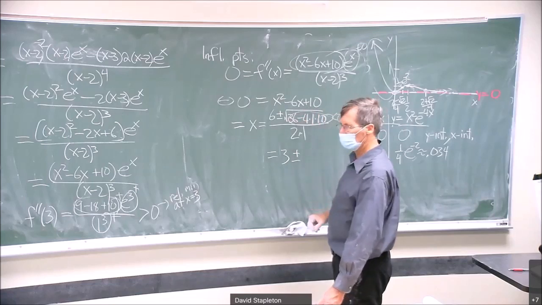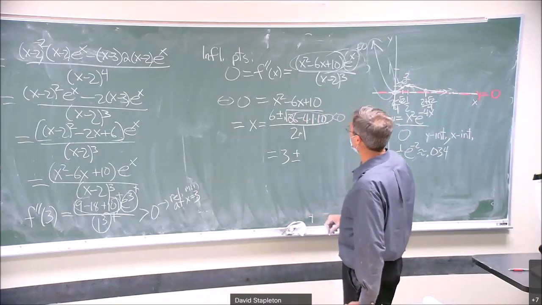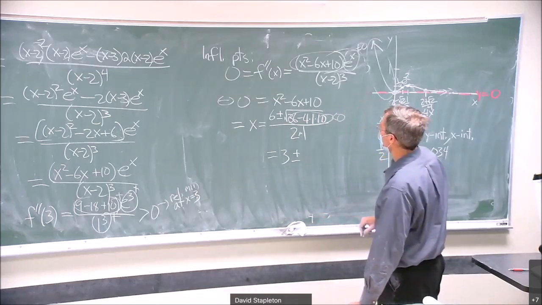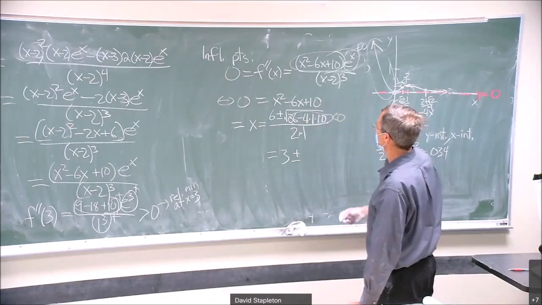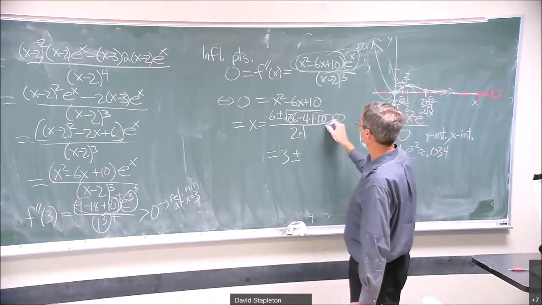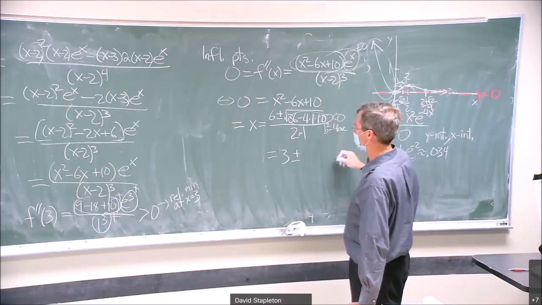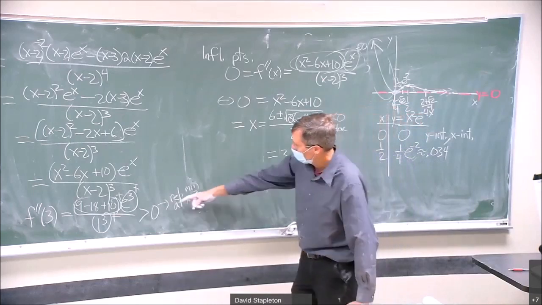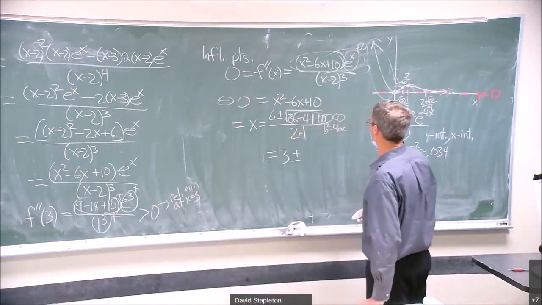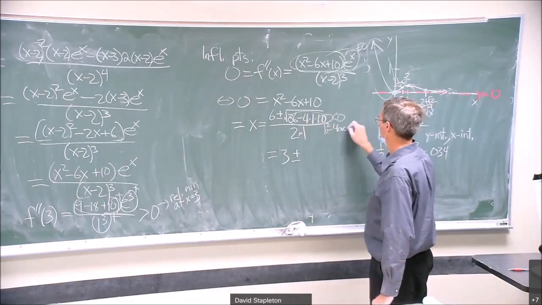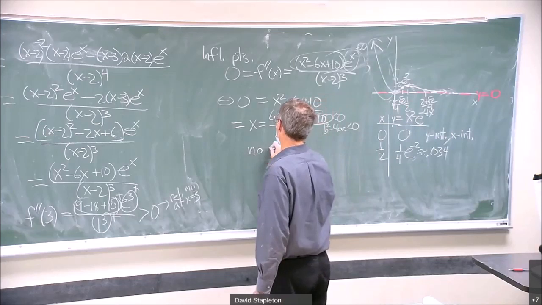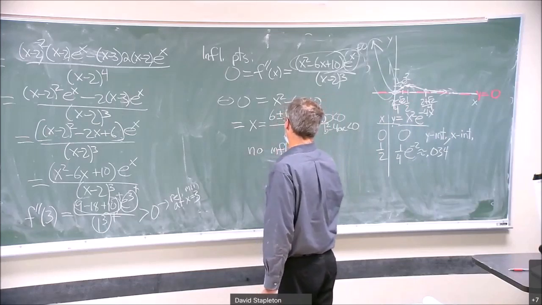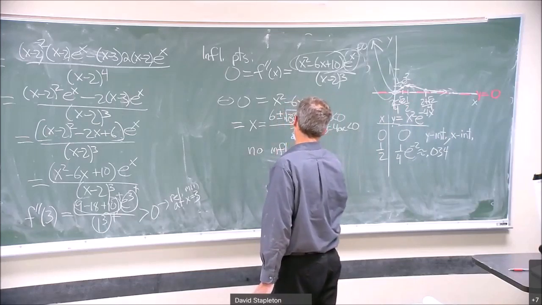What does that mean if I solve that as square root of a negative? That means there's no solution. This is never equal to 0. When b squared minus 4ac is less than 0, we call it an irreducible quadratic. It always has one sign. Since it was positive here, it's actually positive for all x. So there's no inflection points because there's no points where the second derivative is equal to 0.